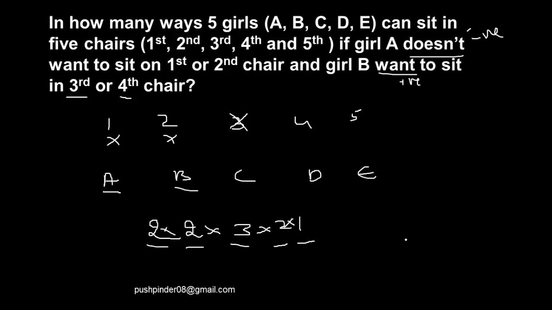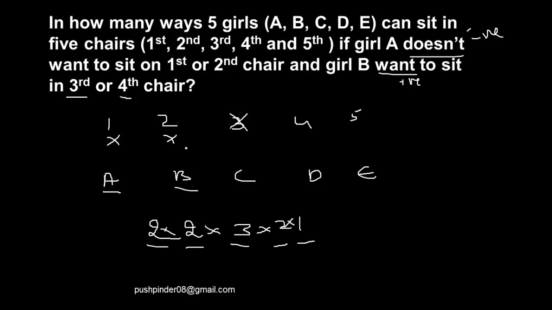I hope everyone is understanding what I'm trying to do here. Let me take a quick recap. There are 5 chairs, 5 girls, right? First we satisfy the positive condition: girl B wants to sit on the third or fourth chair. Make her happy, give her a choice, third or fourth, 2 ways to do that. She sits on the third.